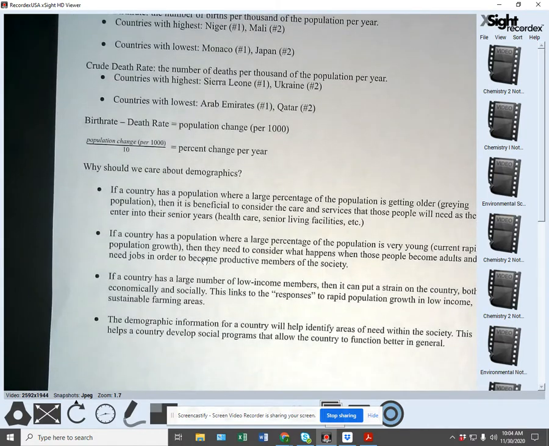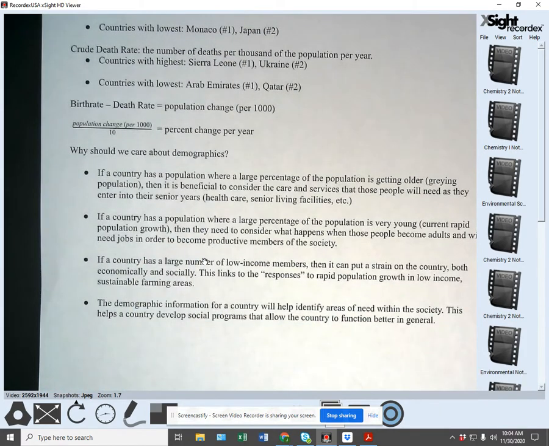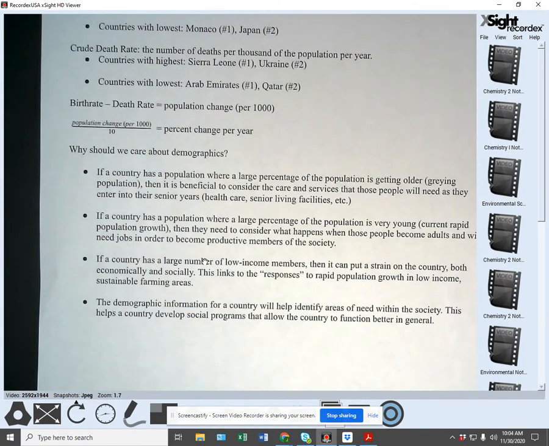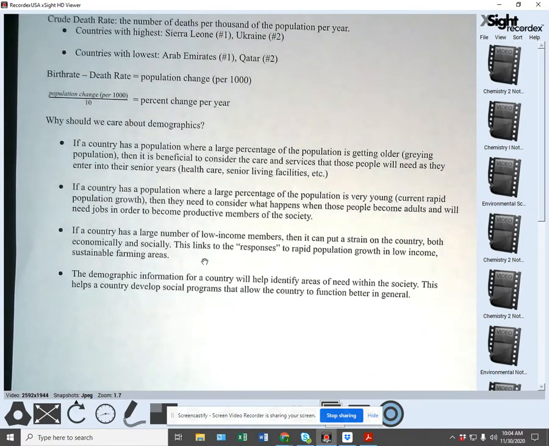Okay. All right. So another reason, the opposite way, sort of. If a country has a population where a large percentage of the population is very young, in other words, they have current rapid population growth, then they need to consider what happens when those people become adults and will need jobs in order to become productive members of the society. This was happening over in Europe, and I can't remember exactly where, if it was Spain or Italy or something.